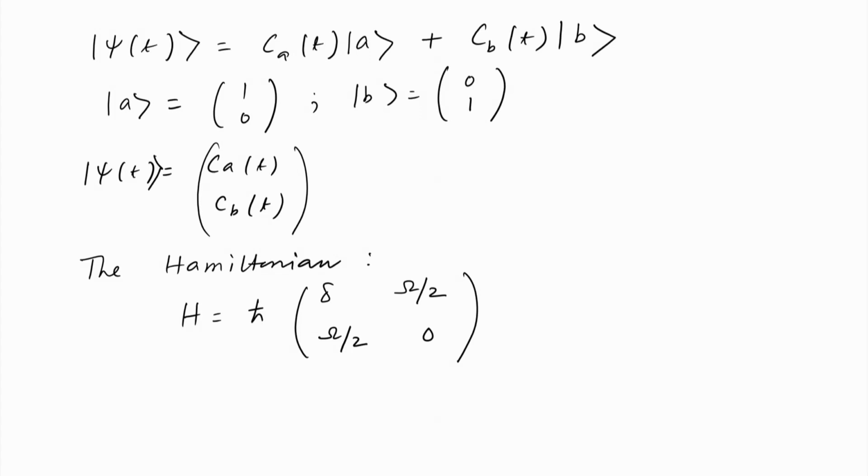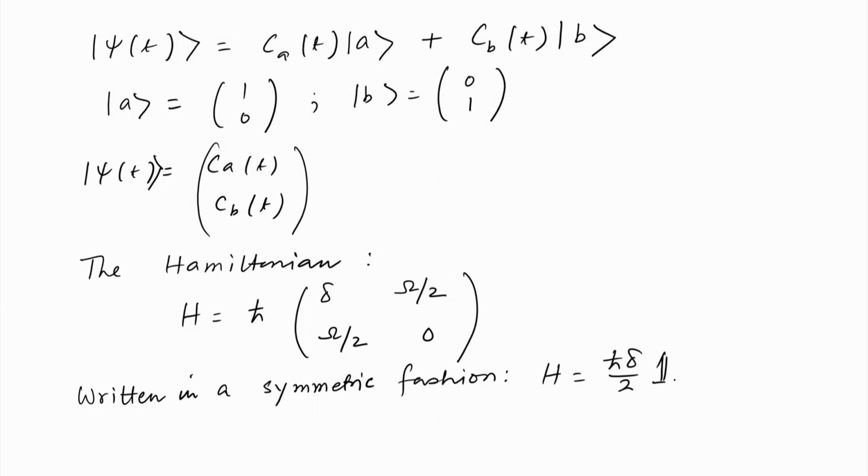This is sometimes written in a symmetric fashion, in which case we simply take this detuning parameter and write it with a unit matrix and a plus ħ/2 times delta, omega, and minus delta, omega.